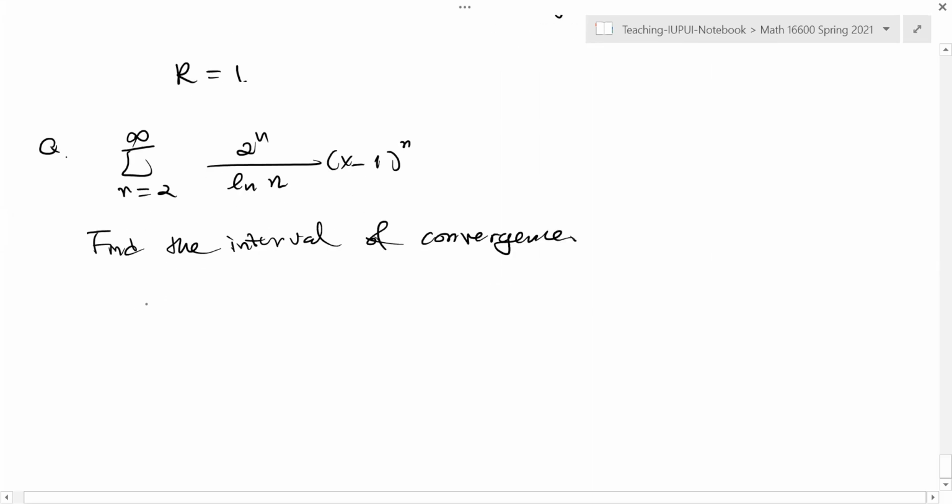So let's use the ratio test. I don't think we should use the root test, because the nth root of natural log n, I have no clue. So use the ratio test.